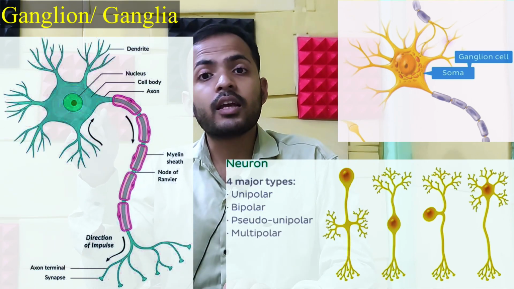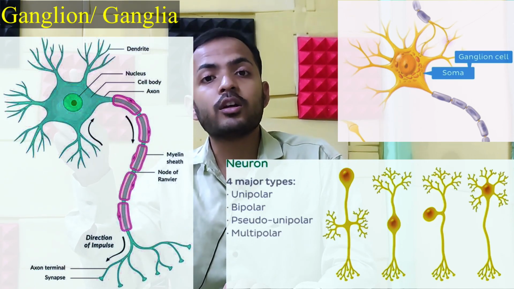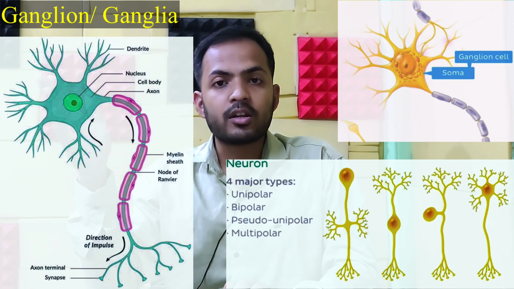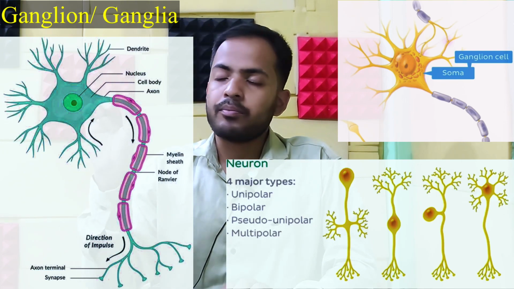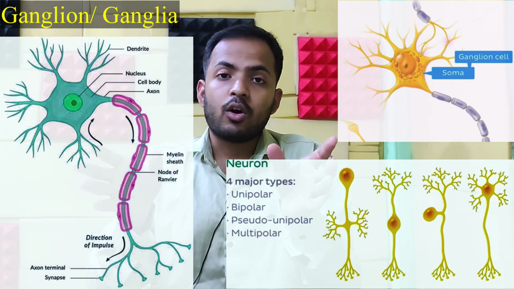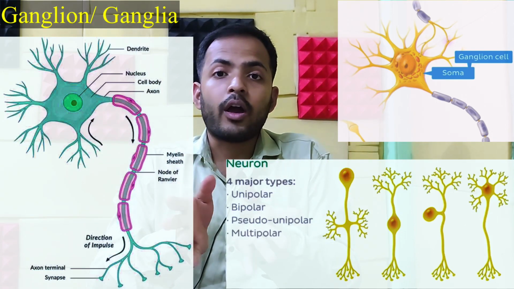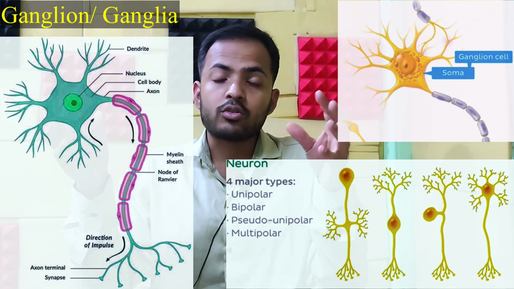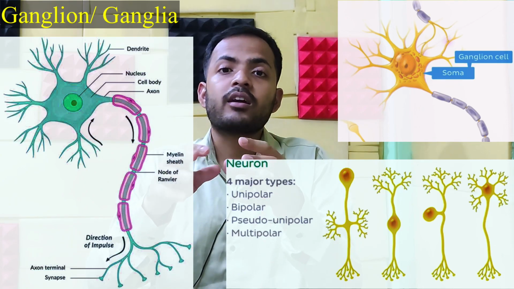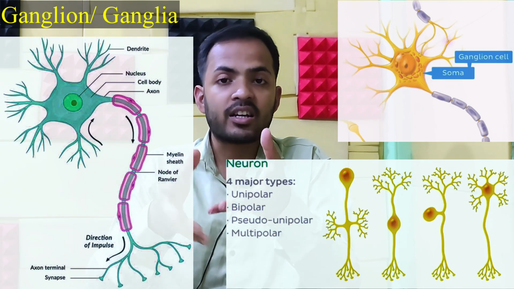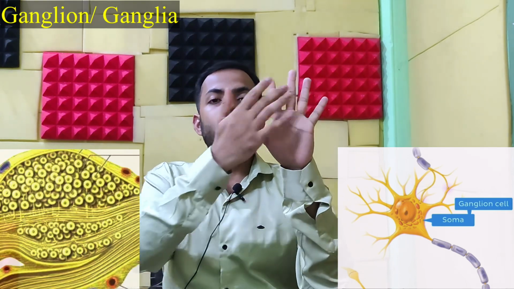This body in ganglion is also known as ganglionic body or somatic body, it doesn't matter. Body is body. Ganglion means a place or a relay station where other nerves also come together and form a network or a plexus.